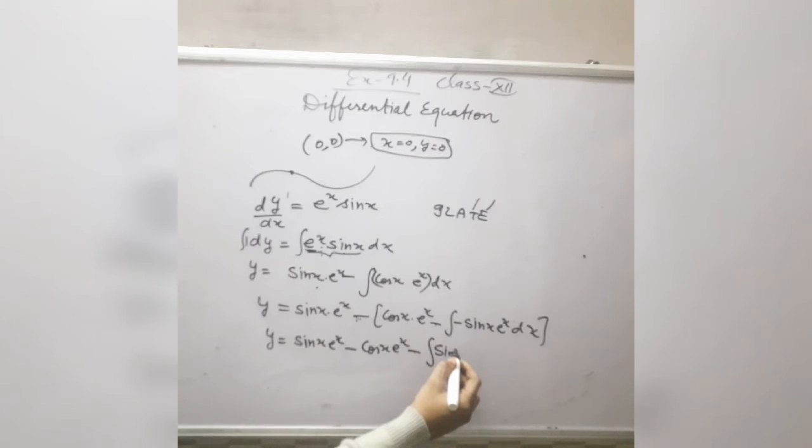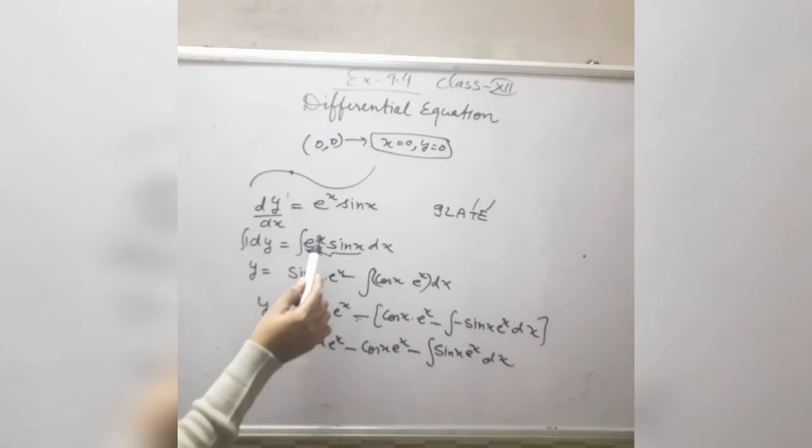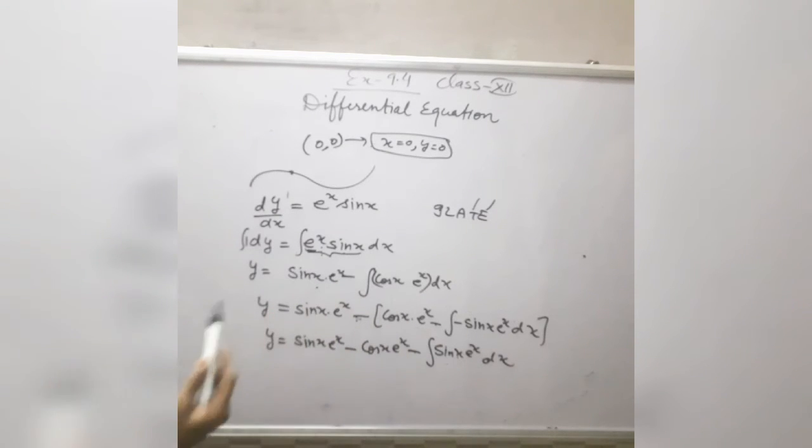So the integration of sin x e raised to power x, and this is equal to the integration of e raised to power x into sin x dx. This is equal to, here in place of this you can write down y from equation 1.